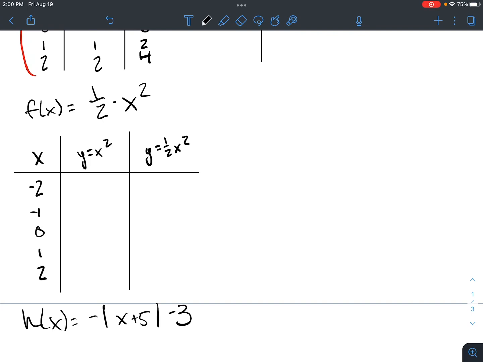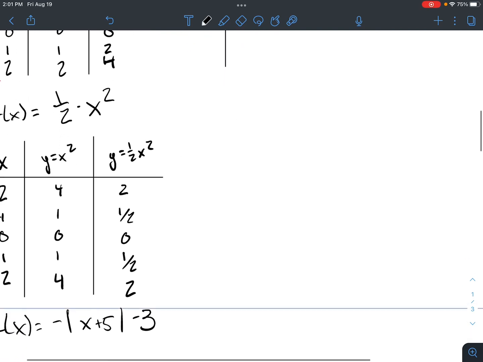If we square something, we know -2 times -2 is 4, 1, 0, 1, 4. And now if we're taking half of that, we're just multiplying our x squared by 1/2. We could just take all these numbers and multiply them by 1/2. So we're going to have 2, 1/2, 0, 1/2, and 2.